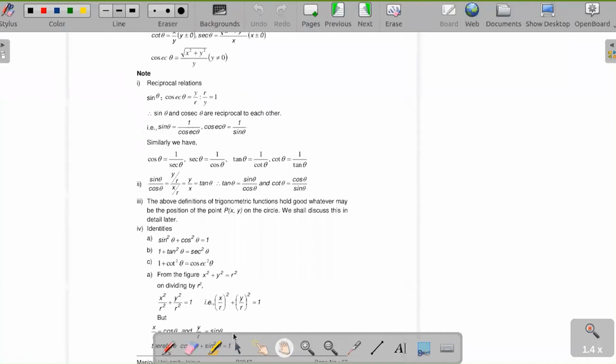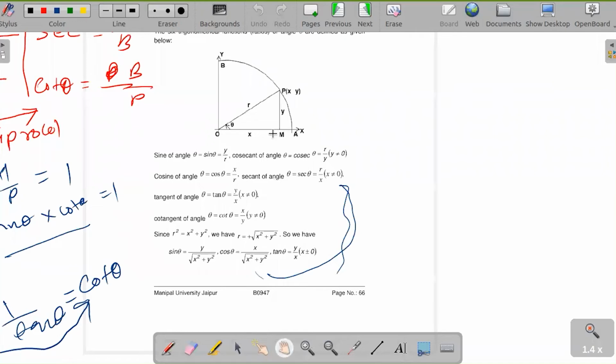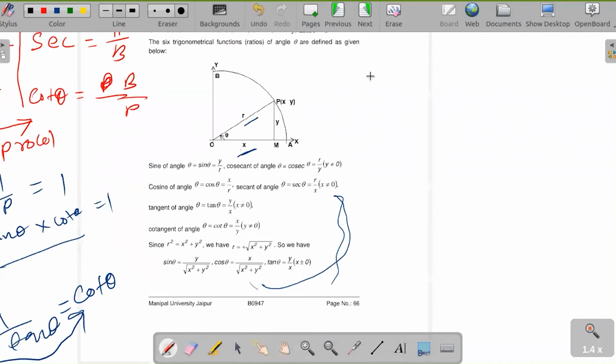So if you say here is x, r, y, with Pythagoras theorem we can say r square is equal to x square plus y square. So we know all this: sine, cos, cosec, sec, tan, cot.